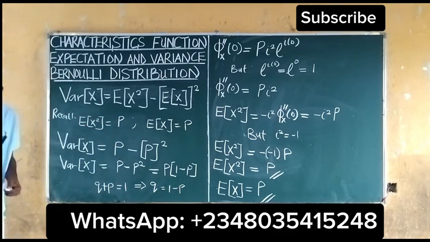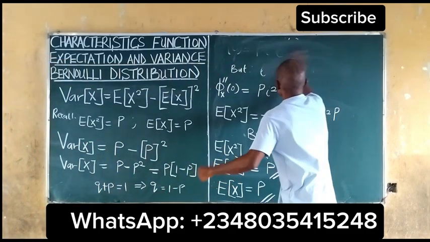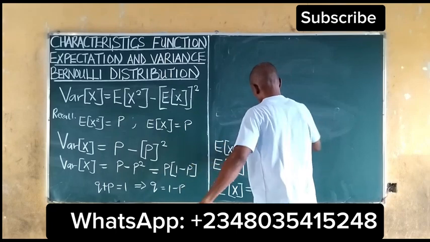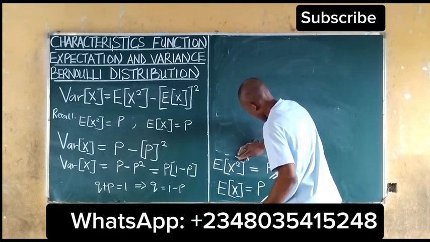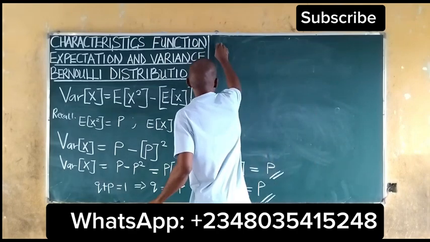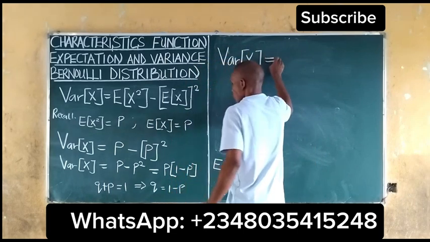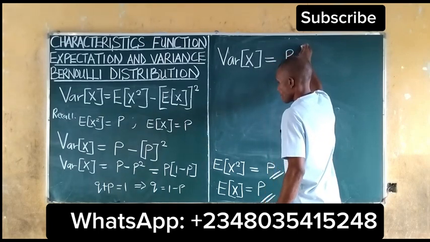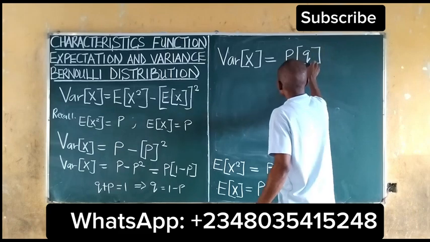So we can now write the variance properly: our variance of x will now be equal to pq.